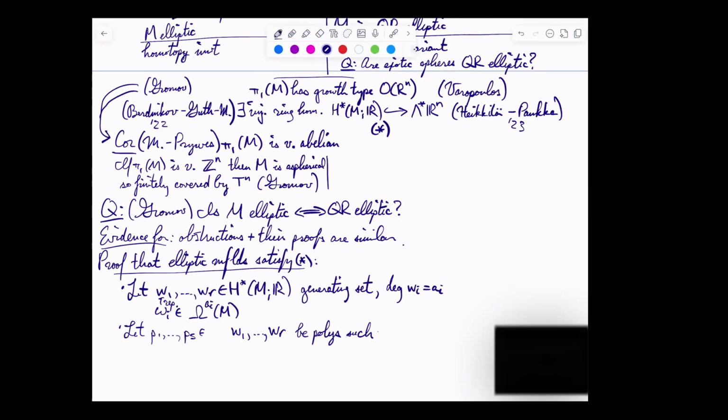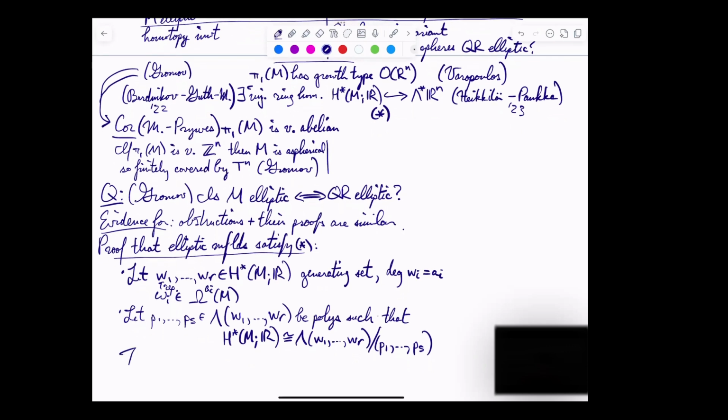This is a graded commutative free algebra. But basically we want the cohomology ring to be the free algebra divided out by the ideal generated by this set of polynomials.